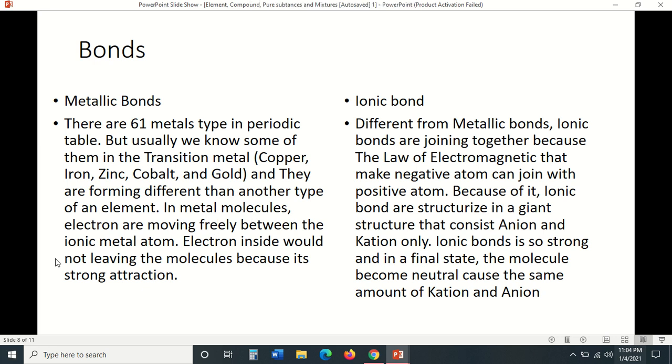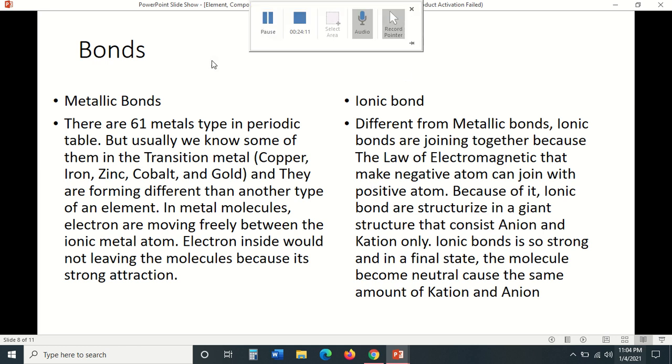So in metal molecules, electrons are moving freely between the ionic metal atoms. They can move freely among the cations, and the electrons inside will not leave the molecules. They will not throw away because it has a stronger attraction than the covalent bonds.